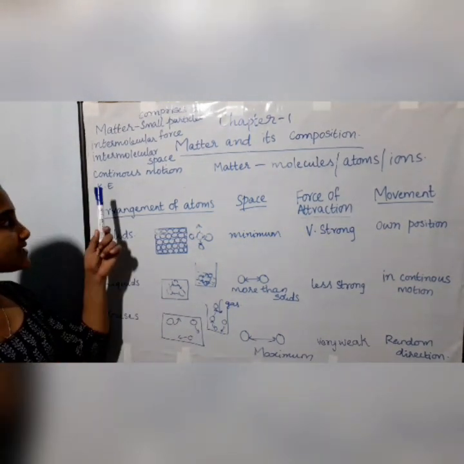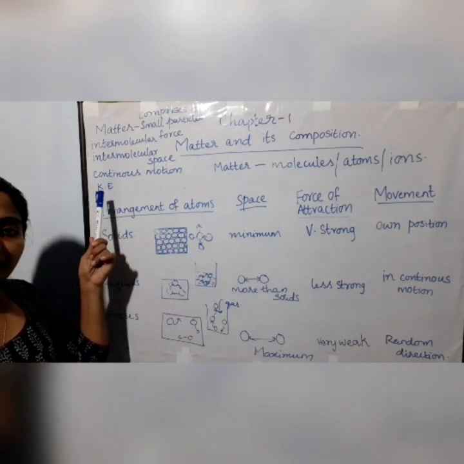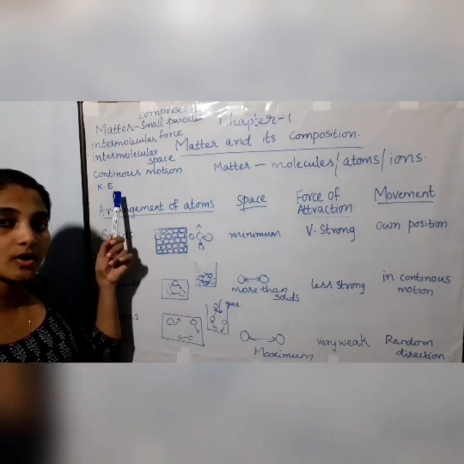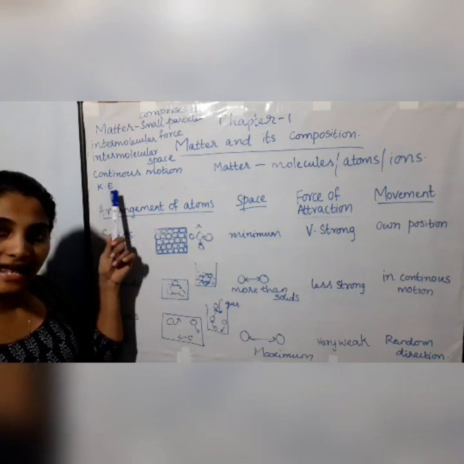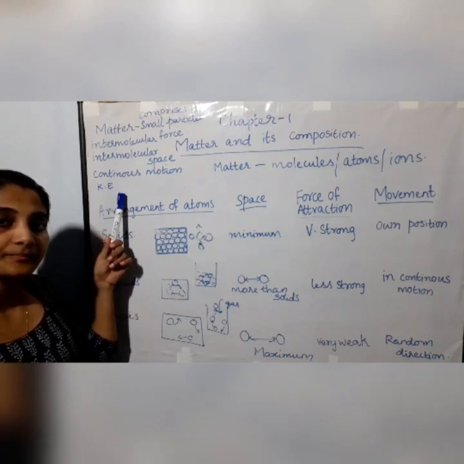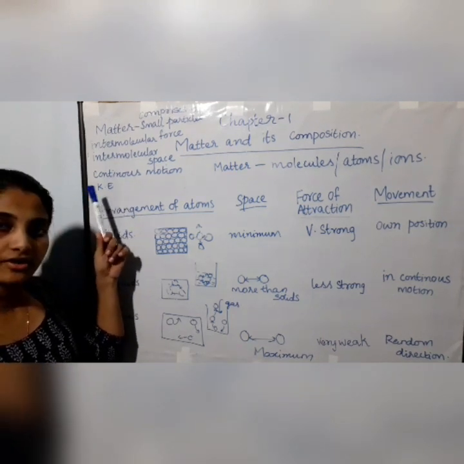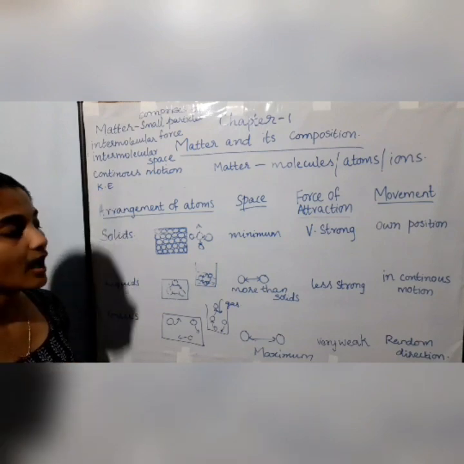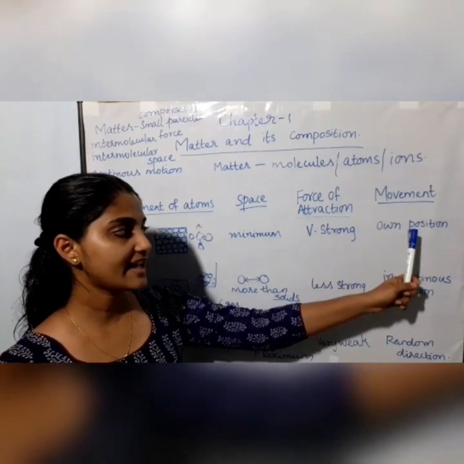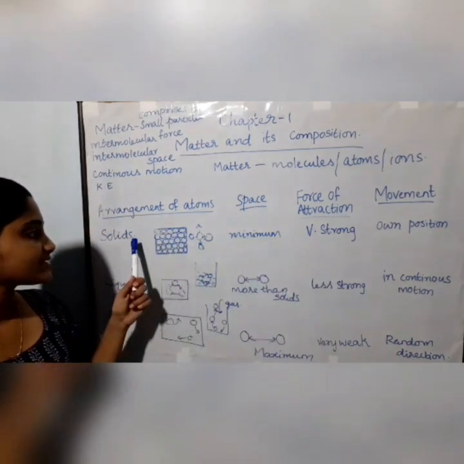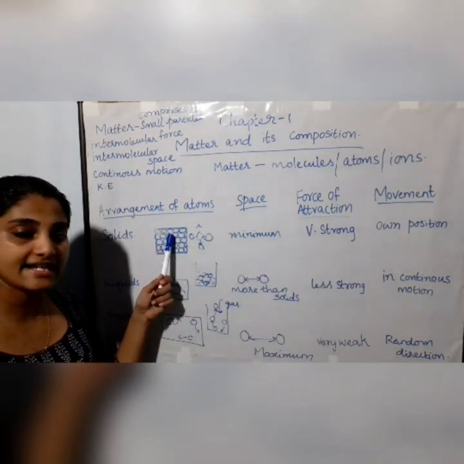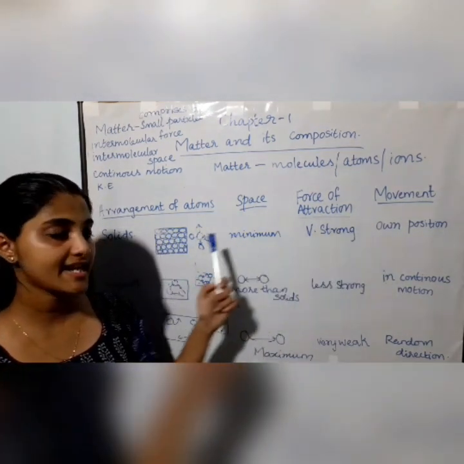Now, you also know that these particles possess some sort of energy due to their random motion, and that energy, because of the motion, you call kinetic energy. Now, the kinetic energy will be very less in case of solids. The atoms will have very less kinetic energy because they cannot move.